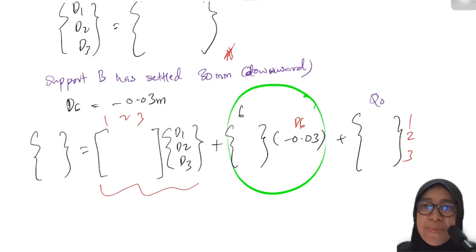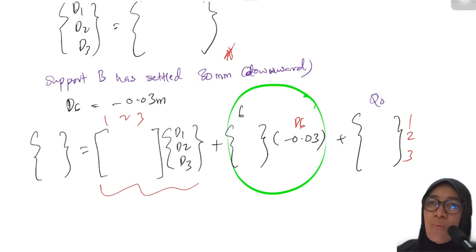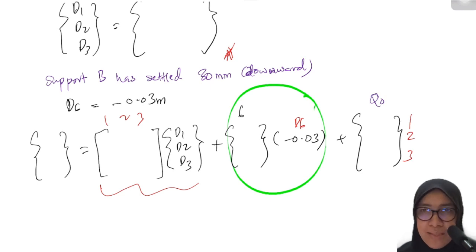So it is 1,1 times D1, 1,2 times D2, 1,3 times D3, and 1,6 times D6. 1,4 times D4, but D4 is equal to 0, so we don't need to write it in this equation. 1,5 times D5, D5 is 0, so we don't have to put it in. 1,7 times D7, D7 is 0, so we don't need to write it here.